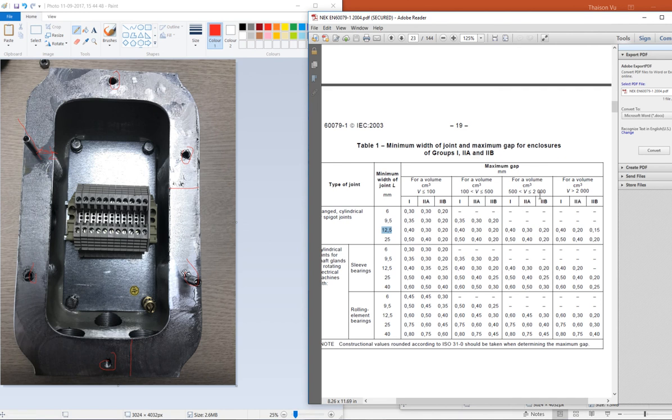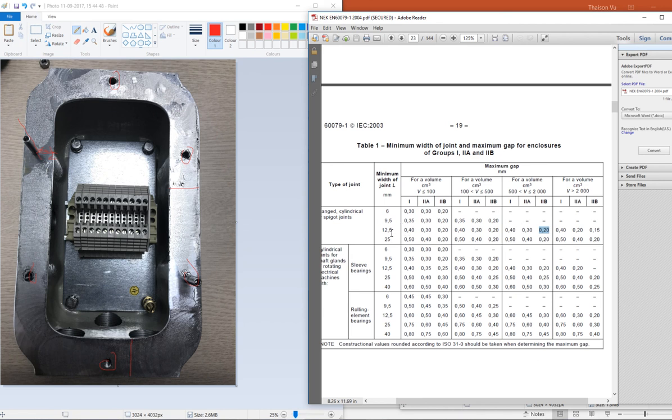Assume that our internal volume is correct. We said it's around 900 cubic centimeters. But if you also consider the internal components, it should be less. So this is how you get to know the minimum requirement.